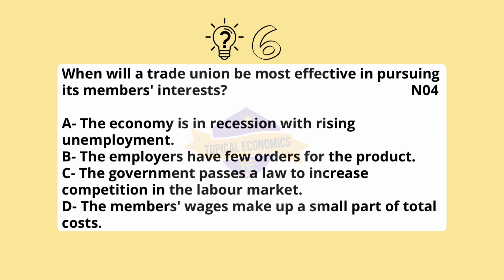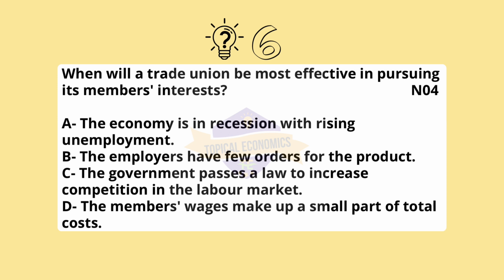Now here, when we look at what will be the most effective in pursuing members' interests, like when will a trade union be most effective? For this, when wages are going to be a small part of the company's overall costs, the employers will be more willing to grant wage increases without significantly affecting their profitability, because it would not matter for them. This will create an environment where unions can negotiate effectively.